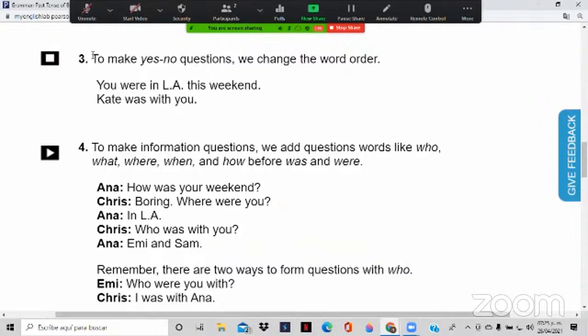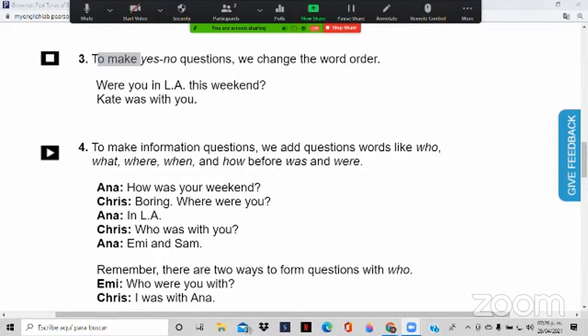To make yes-no questions, we change the word order. You were in LA this weekend. Were you in LA this weekend? Kate was with you.